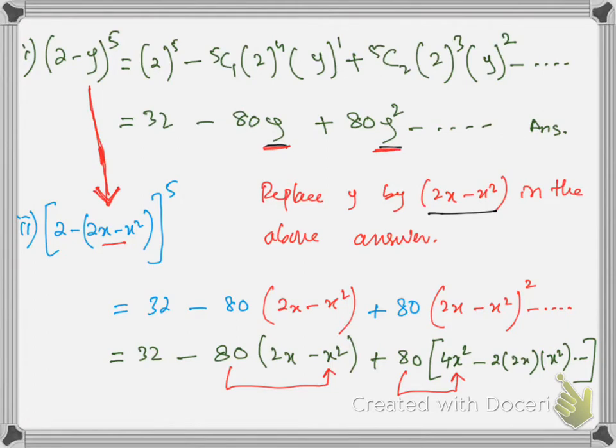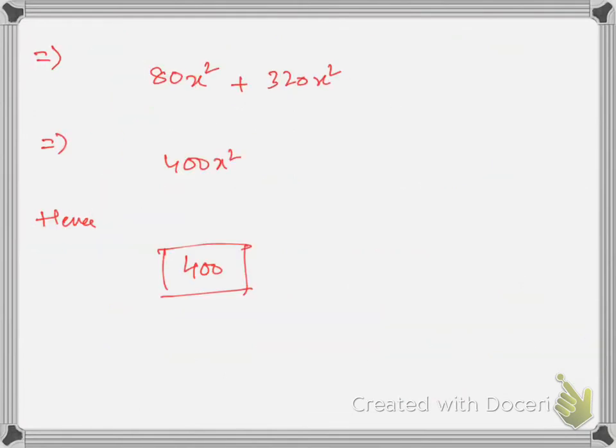When you replace this, you will get this step, and then you need to multiply the selected terms only because we need the coefficient of x square. Therefore multiply 80 with this and this 80 with this term. So you will get this answer 400. This is the way to solve these types of questions.